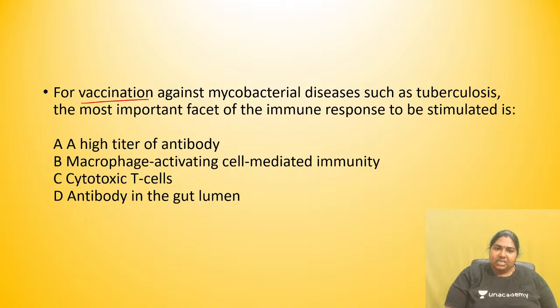For vaccination against a mycobacterial disease like tuberculosis, the most important aspect of the immune response to be stimulated: is it a higher titer of antibody, macrophage-activated cell-mediated immunity, cytotoxic T cells, or antibody in the gut lumen? Come on all.